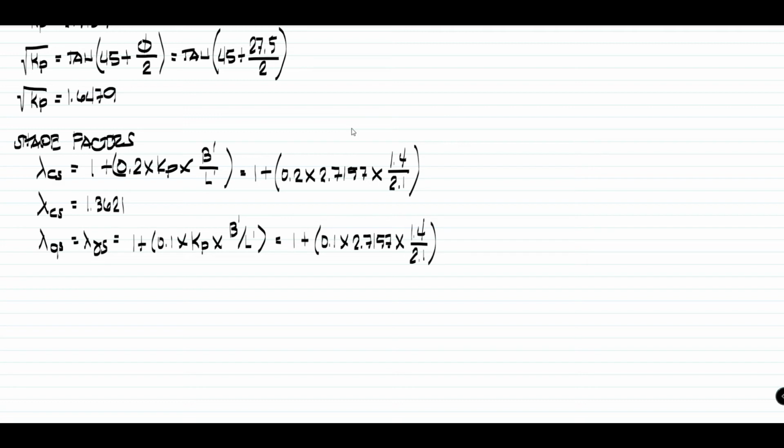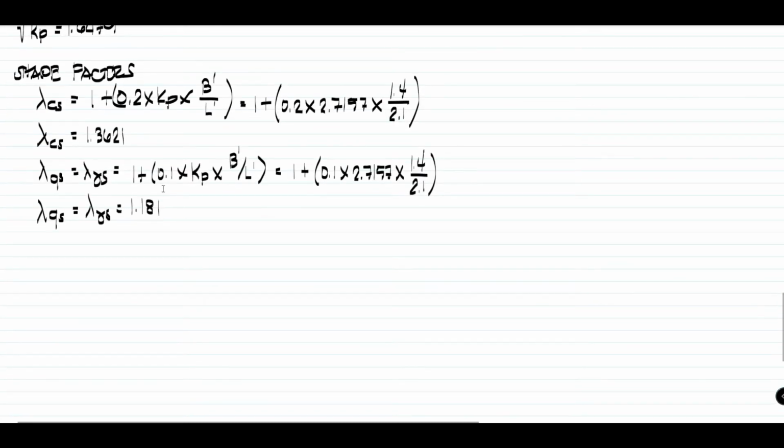Calculating this value, we will have lambda QS is equal to lambda gamma S, which is equivalent now to a value of 1.181. So, meron na tayong shape factors. Now, next will be the depth factors.